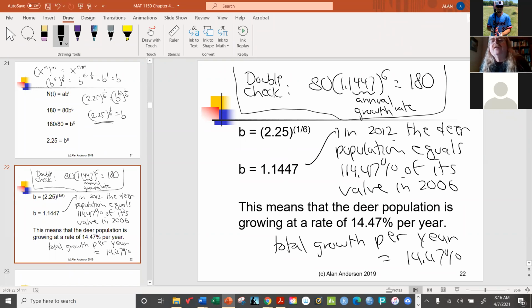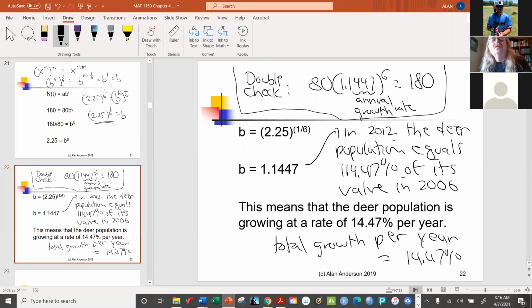Now, the reason why that's important information is because what if we want to know what the population is likely to look like, let's say 5 years from now? If we assume that the growth rate continues at the rate that it is, we should be able to predict how many deer will be there 5 years in the future by continuing to apply this rate every year for the next 5 years.